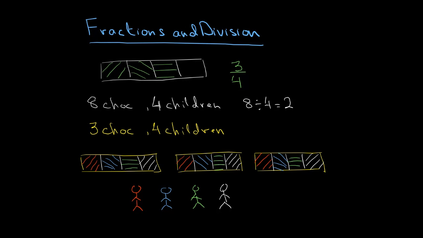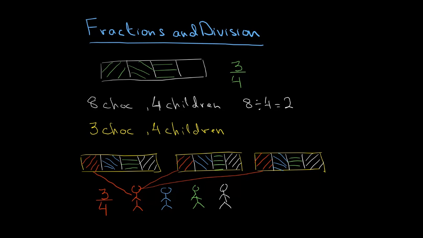So now you can see that each child is getting, let's look at the red child, 1/4 from here, 1/4 from here, and 1/4 from here. So the child will get 3/4.